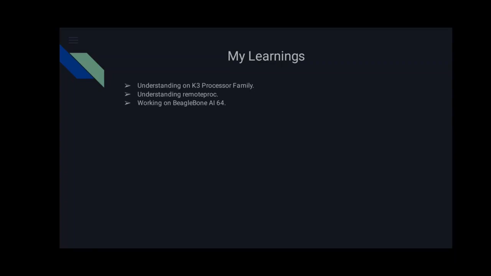Through the remoteproc protocol, the image is loaded from Linux, which is running on the A72 core, to the Cortex R5 core, where Zephyr is loaded. This project also helped me to work on the BeagleBone AI-64 board, where I implemented all the peripheral support.